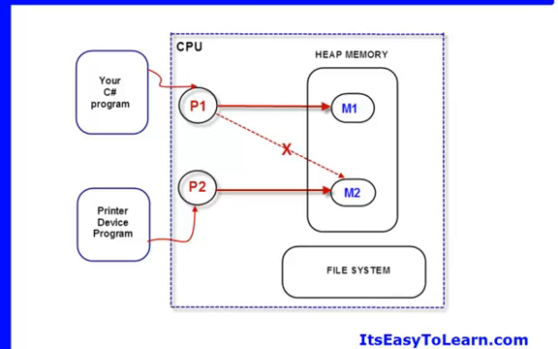Let us say your program P1, your process, needs to read a file from the file system. Remember, P1, your process, can access only M1 memory. It cannot access the file system, right? But the file C:/IO sample.txt exists in the file system, not in the heap memory, right?